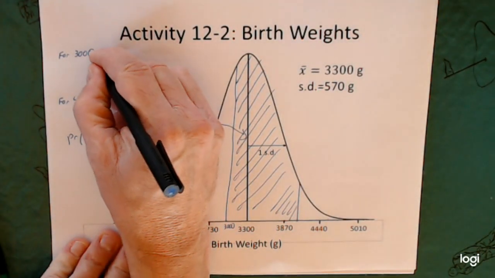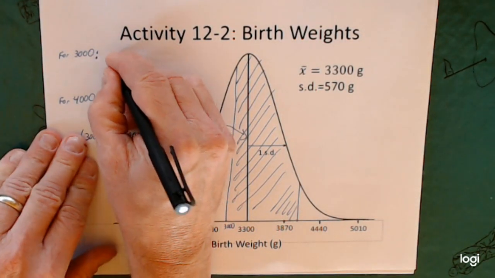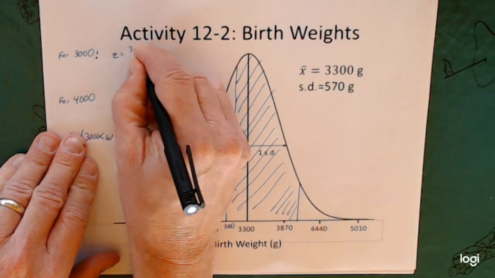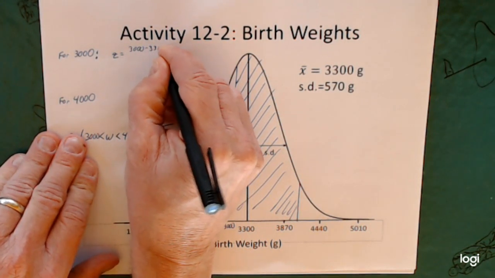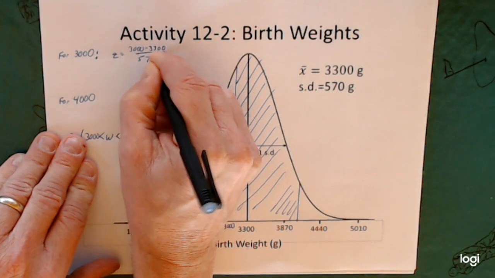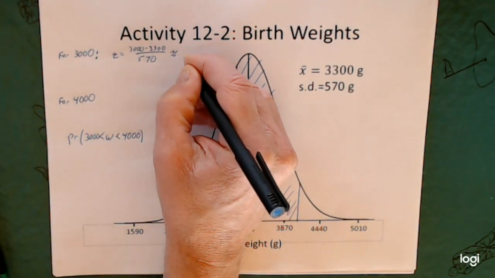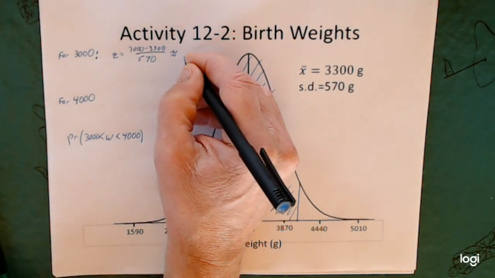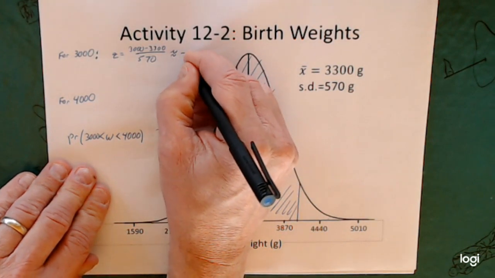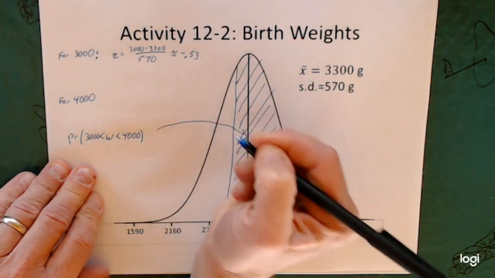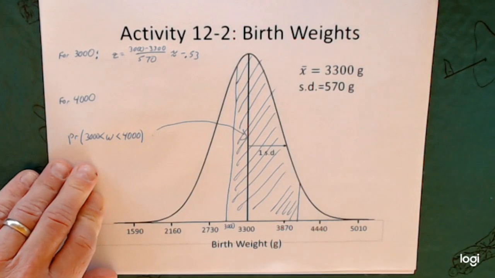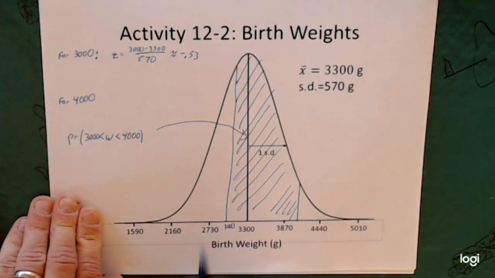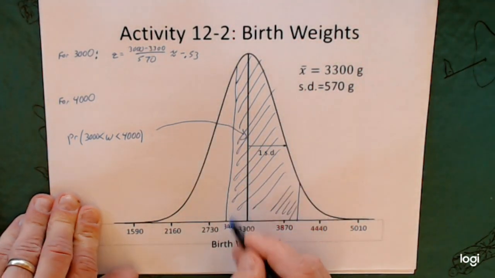So for 3,000, let's find the z-score. So z is going to be 3,000 minus 3,300 over 570, and that comes out to be about negative 0.53, rounded at the 100th point. Again, indicating that it's about half a standard deviation below the mean.